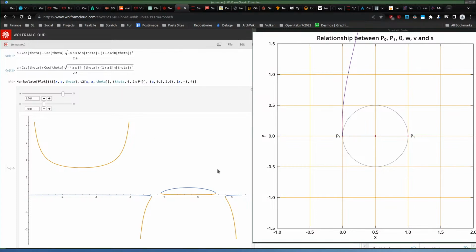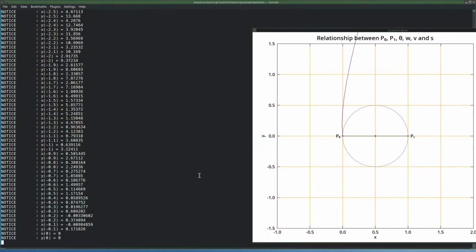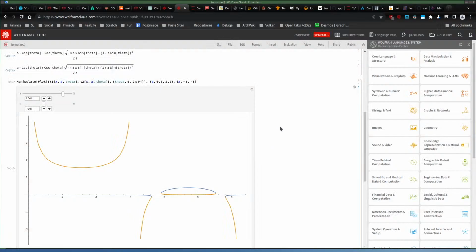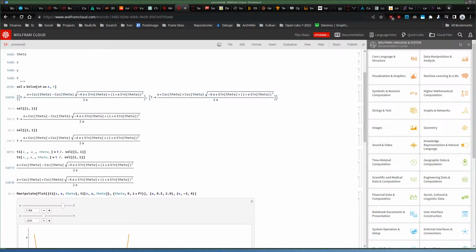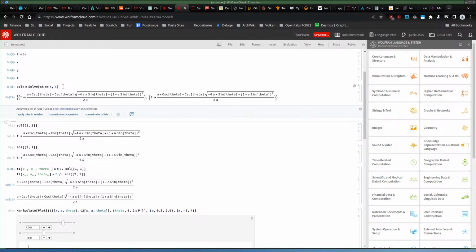Something to think about, is it not possible to plot it in here? I can also make a solution for, let's call this solution X. This can be removed.